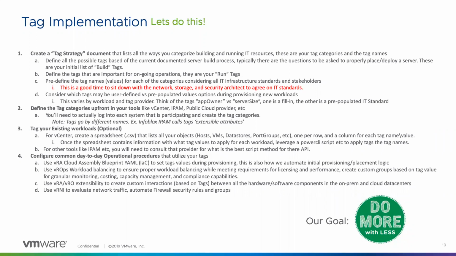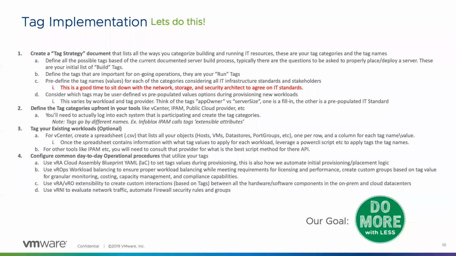To facilitate that, you might want to create a scripting process to automate that. There's a lot of different ways to automate that. One of the common ways is to create a spreadsheet, a CSV file, and use a PowerShell script that targets vCenter to tag all those existing workloads.